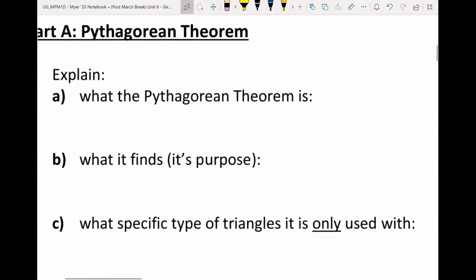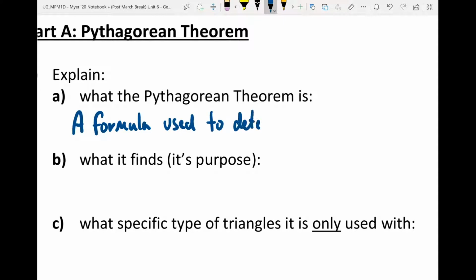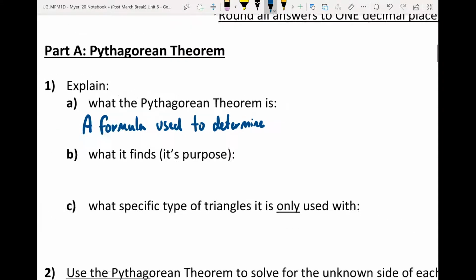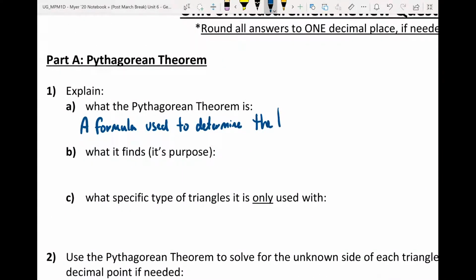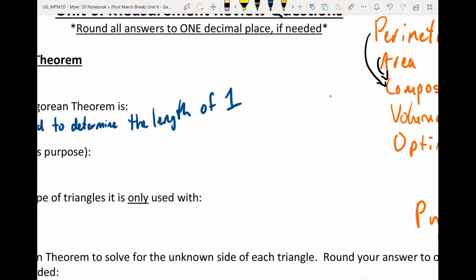Alright, so we're going to start off just recapping what the Pythagorean theorem is. So what is the Pythagorean theorem? It is a formula used to determine the length of one side of a triangle, and not just any triangle, but a right-sided triangle, or right angle triangle.